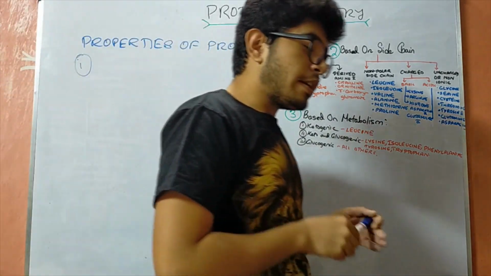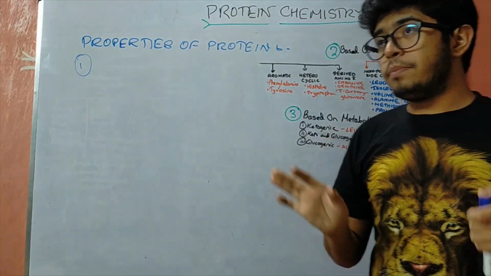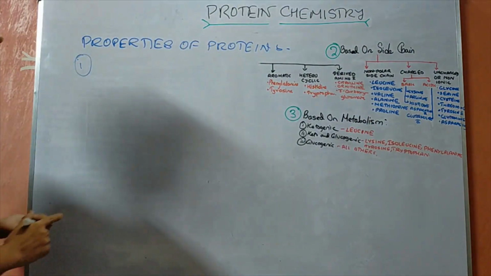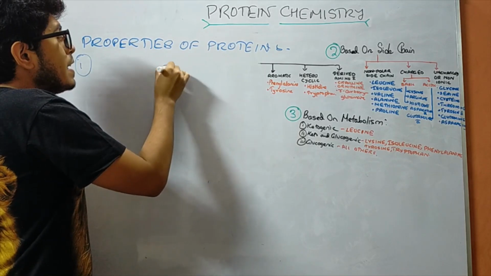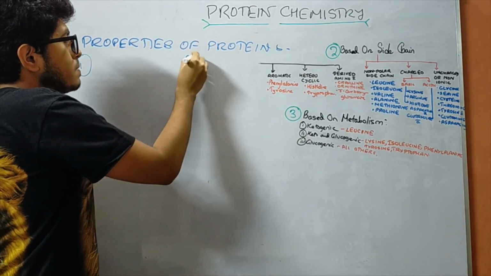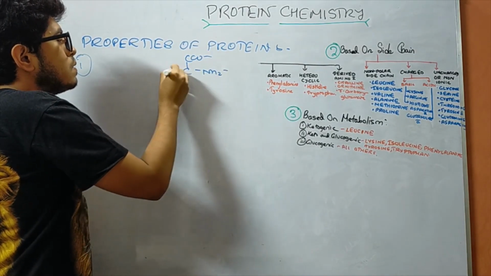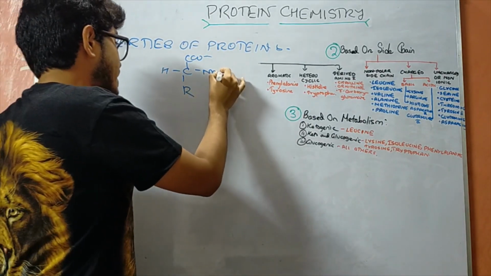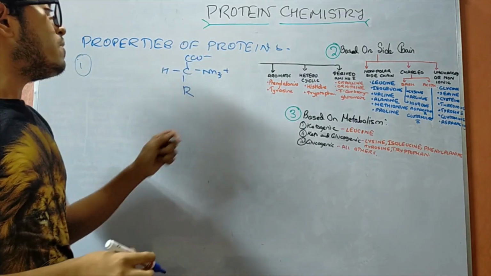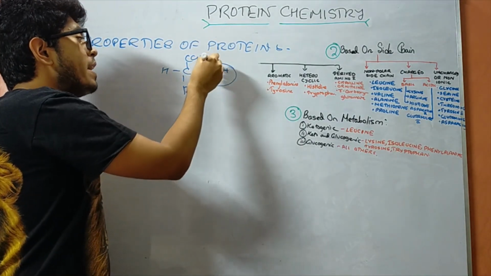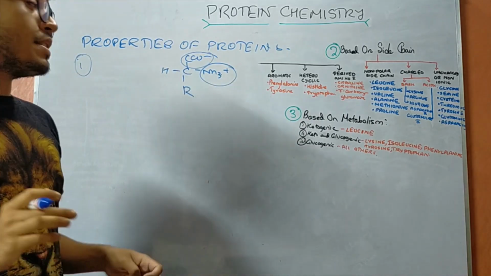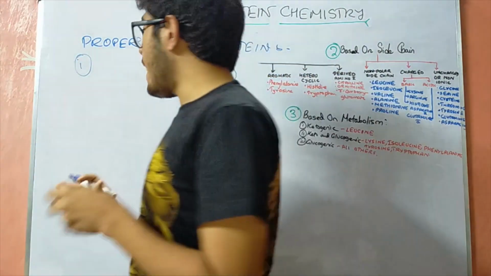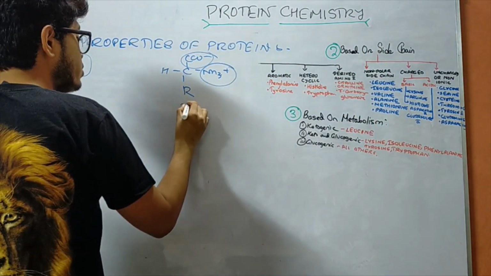Proteins can be classified as amphoteric because they have both an acidic and a basic component. The amino acid has a cationic part and an anionic part. In the neutral pH, or zwitterionic state, it is neutral.